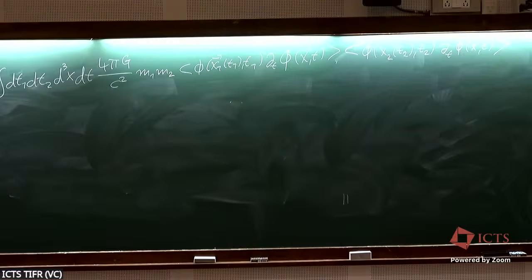And now here also we have to replace each of the propagators by the phi, the A, and the sigma. Now the only one that contributes is actually the one with the phi. If you replace one of the propagators by an A or by a sigma, it's going to higher orders in 1 over c. So this is the only other diagram that one has to compute. So it's not a lot, as you see.